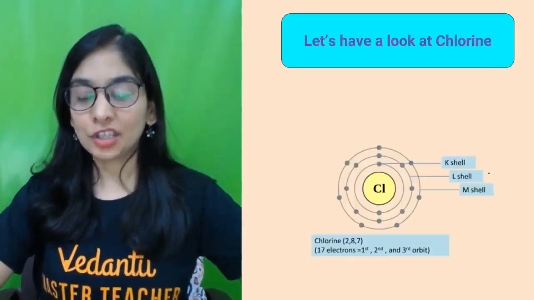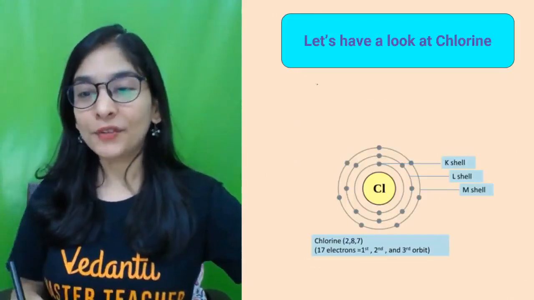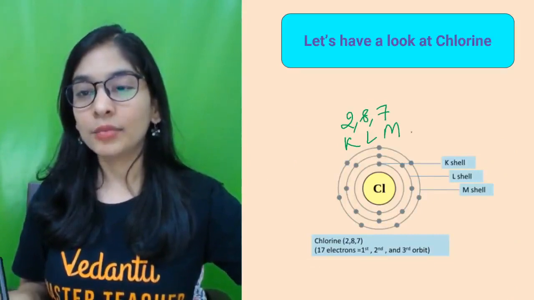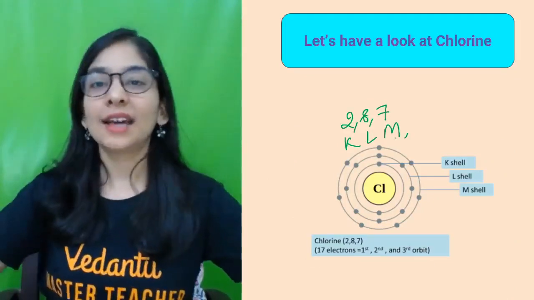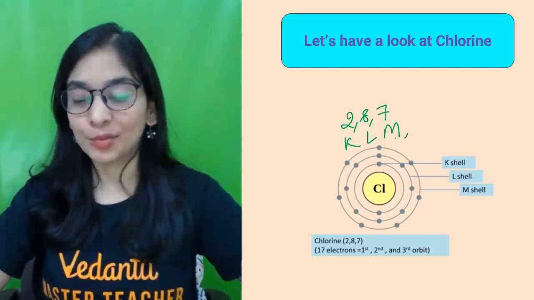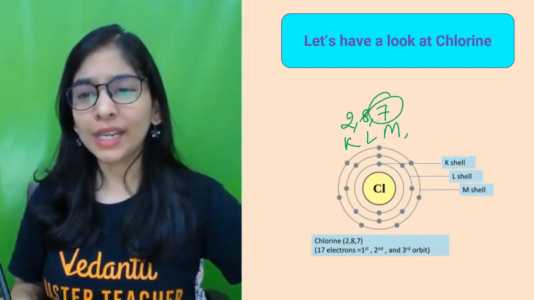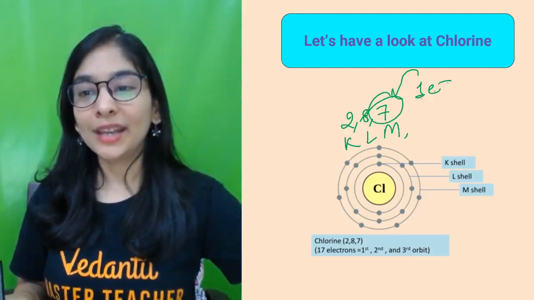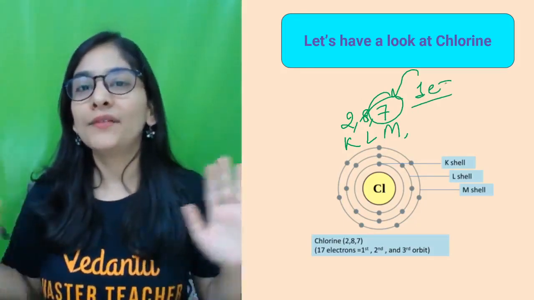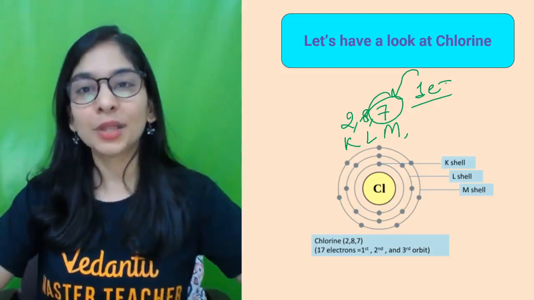Alright. So let's talk about chlorine now. Configuration is 2, 8, 7, in the K, L, M shells. Okay, K, L, M, N are the different shells: first, second, third, fourth have these names also. What does my chlorine need? My chlorine needs 1 electron. It's more like a beggar: if I get 1 electron, I'll be very stable because my octet will be completed.